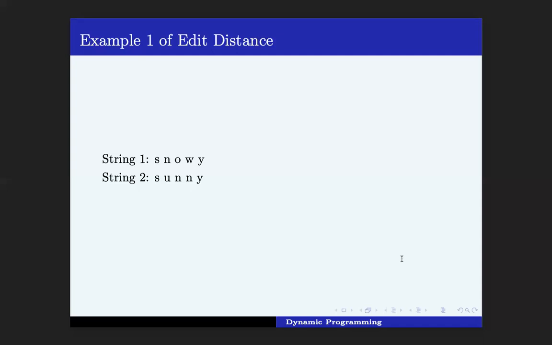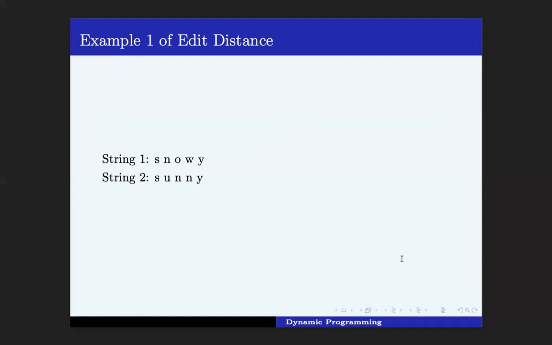If I want to convert snowy to sunny, I can do a sequence of 10 operations that will certainly change snowy to sunny. What is it? One after another, delete all the letters of snowy. That will cost me 5 operations, right? I have to delete 5 things.